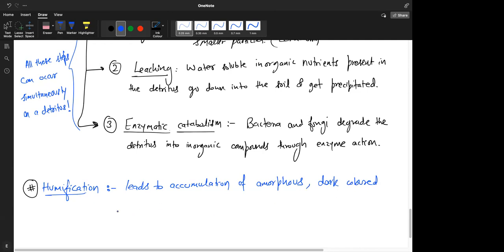Dark colored, amorphous, highly resistant to bacterial degradation, and undergoing decomposition very slowly, at a slow rate.